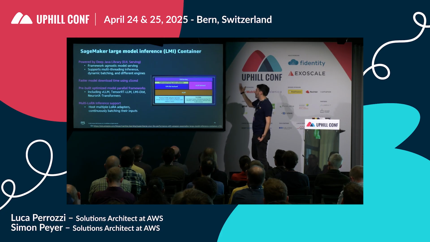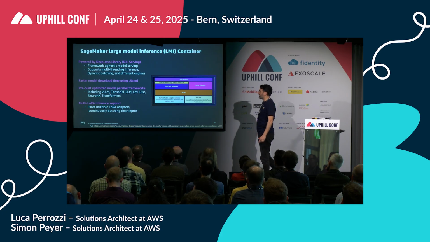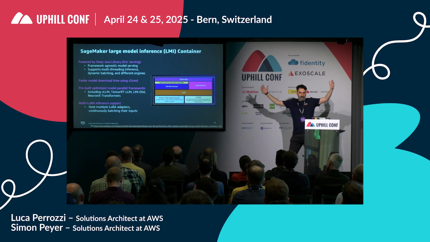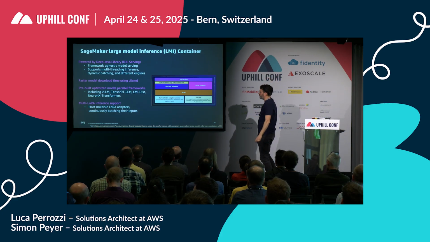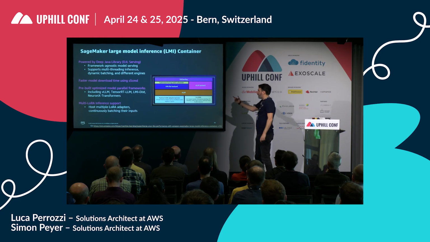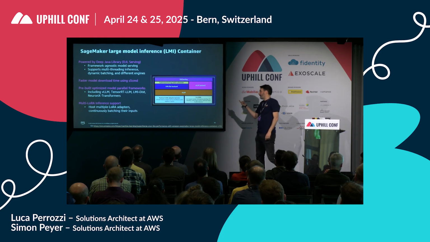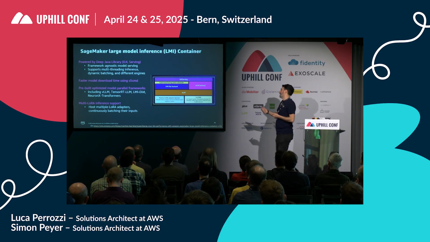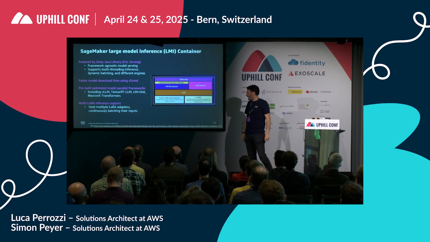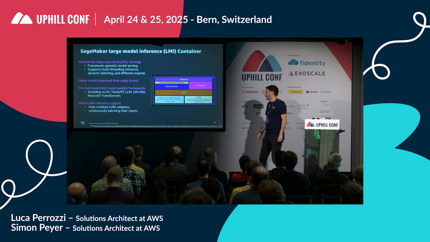Through this container, for instance, we allow a very fast model download time. If you're talking about gigabytes, this can matter from many minutes to very few. We have a lot of model parallelism frameworks, optimizations, and batching techniques. The most famous are vLLM, for instance, and TensorRT.